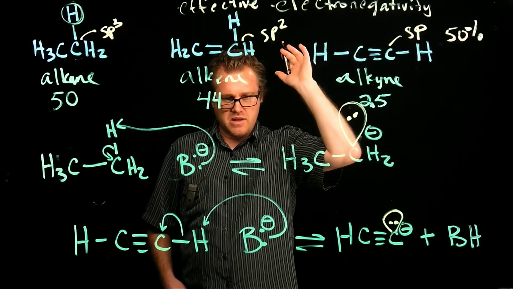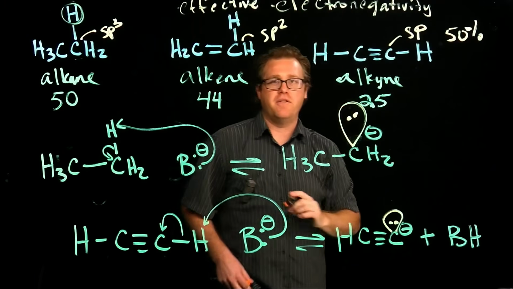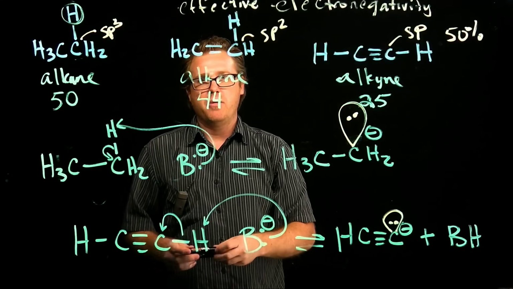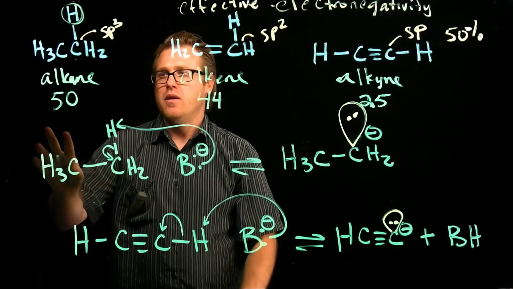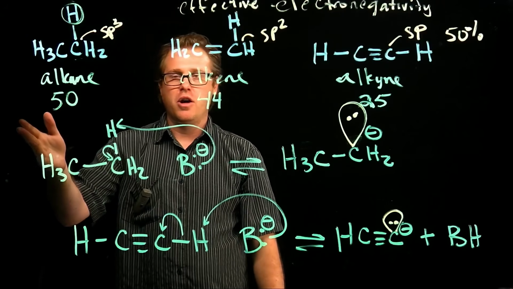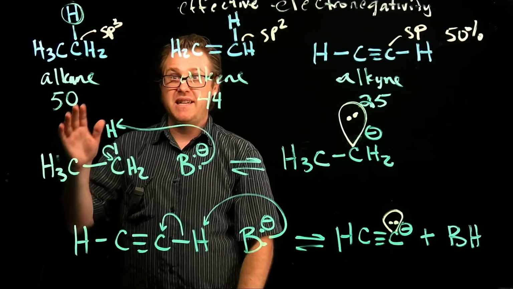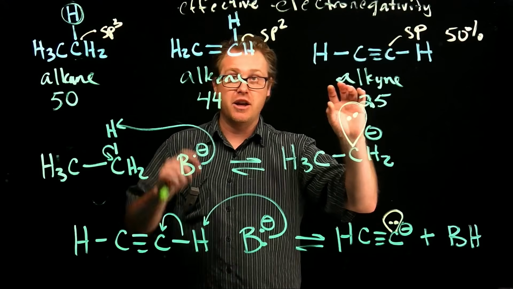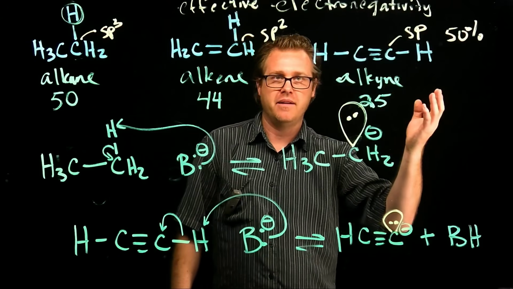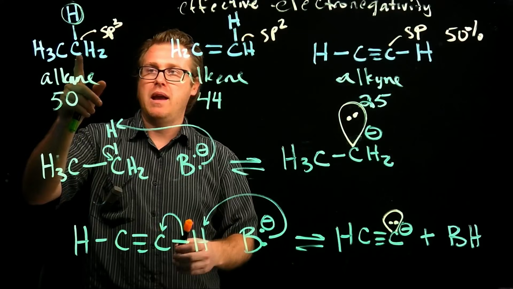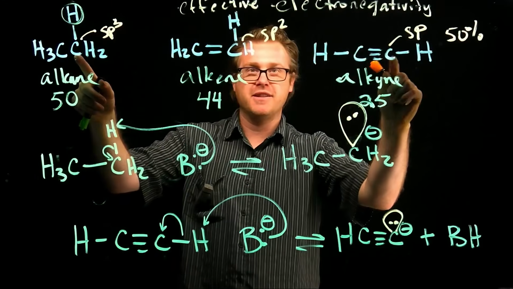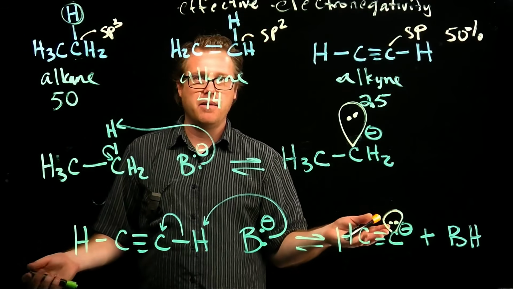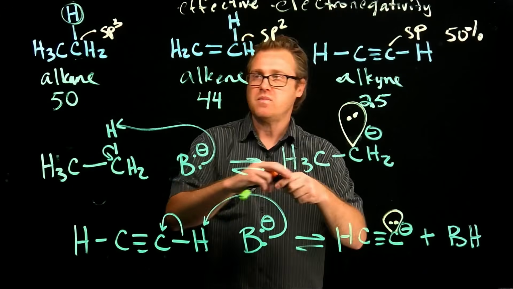And it's mostly on the board. So effective electronegativity is, well, let me tell you what it's not for a moment. When we look at electronegativity, we go to our periodic table and we see trends, like an oxygen atom is further right than a carbon, so it's going to be more electronegative, right? But when each of these atoms right here is a carbon, we can't go to the periodic table and look for trends, because it's just carbon, carbon, carbon.